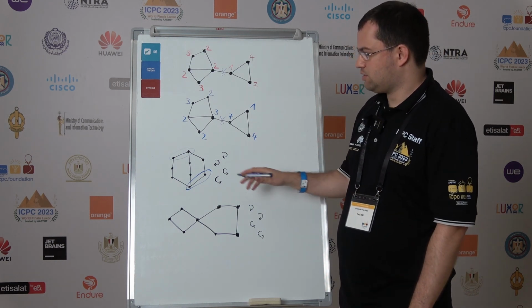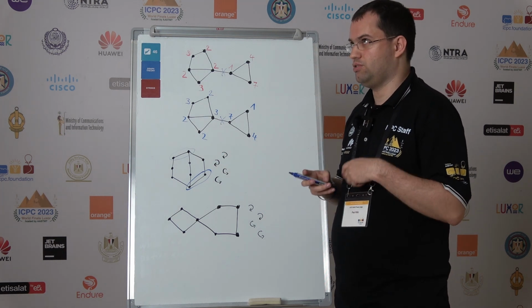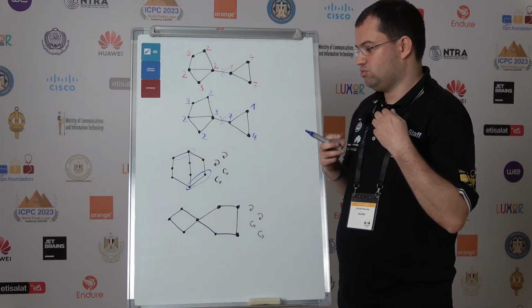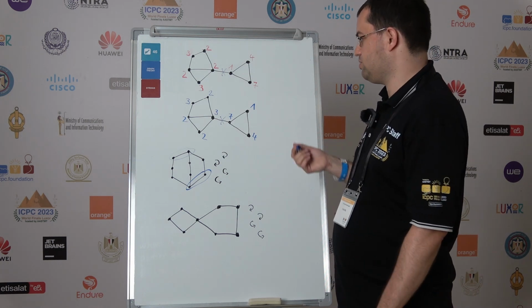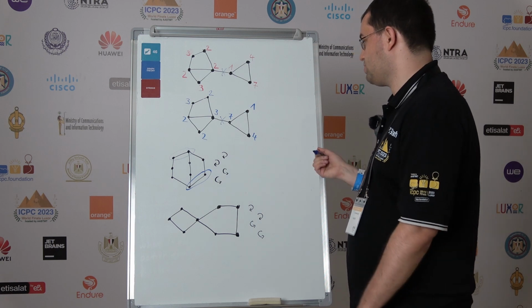So this means that doing these kinds of operations, we can find a solution for any even permutation, where an even permutation is one that consists of an even number of swaps.